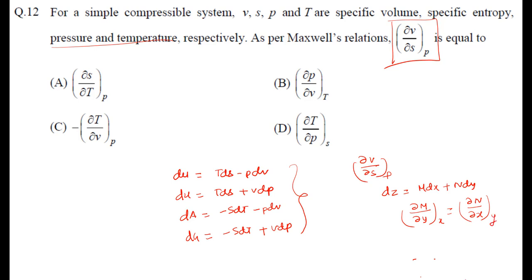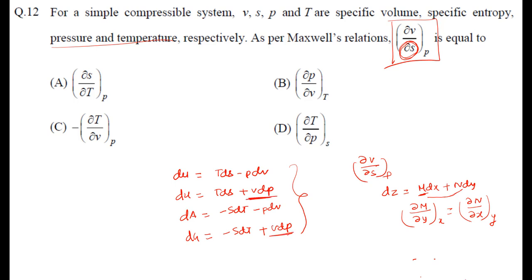So this M term will be divided by this dy, right? Since here the V term is getting divided by delta S, the equation can be such that the V should be in the free form here, so it can come from here and here.